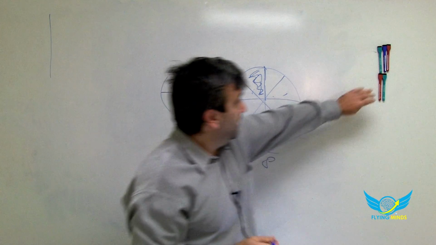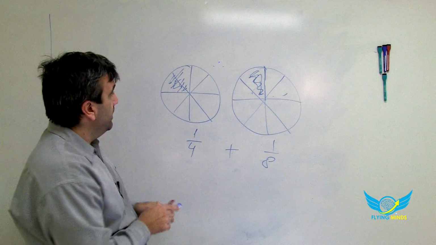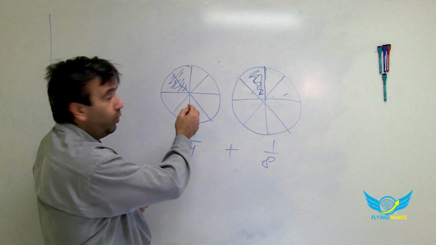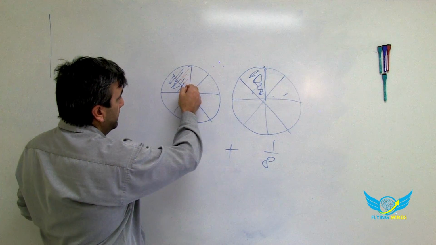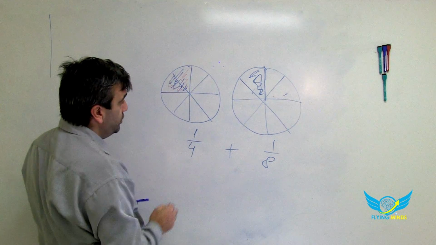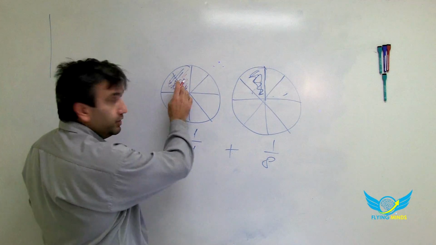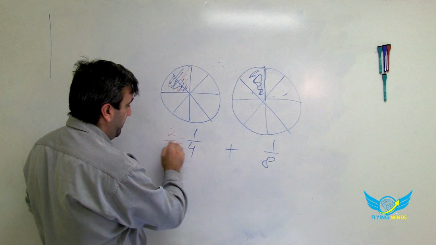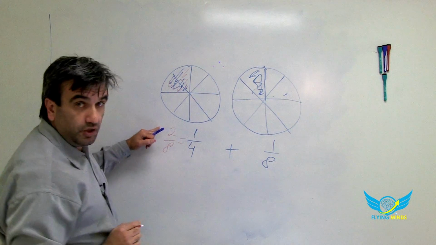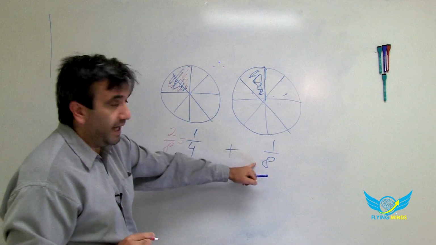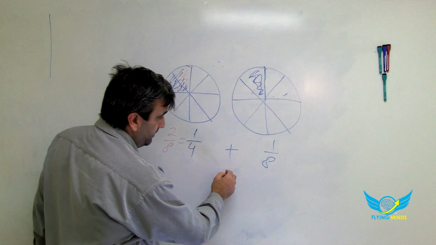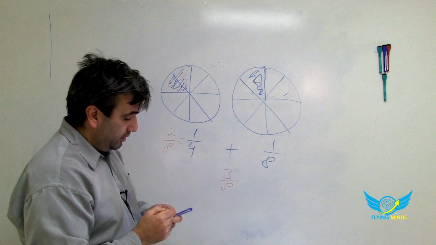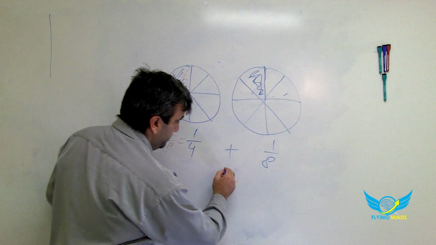Now we see that 1/4 became 2/8. It's the same. Now we have 2 slices here and 1 slice here. Altogether we have 3/8.